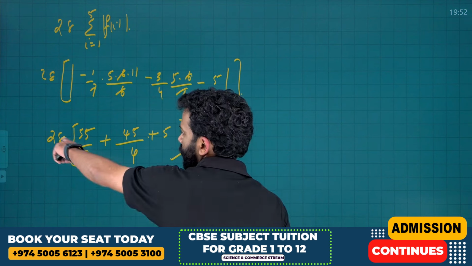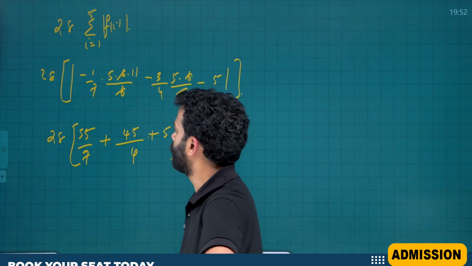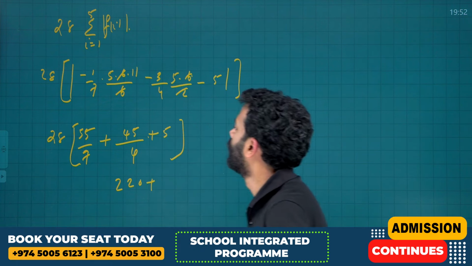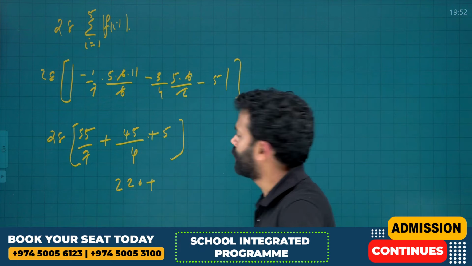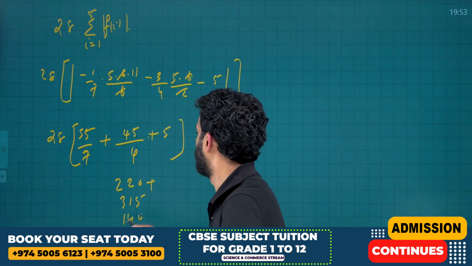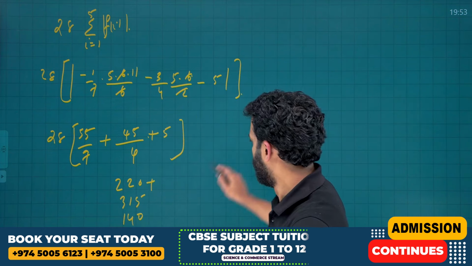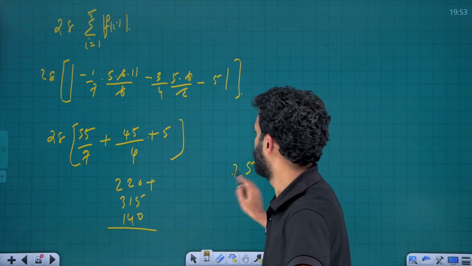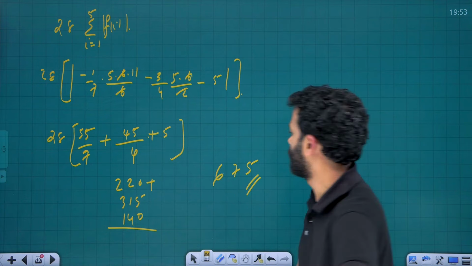Open the bracket, 7 times 28, it will be 4, 4 into 55 is what? 220 and 7 again 315, right? That is 315 and 28 again what? 140. So the final answer is 675, okay.